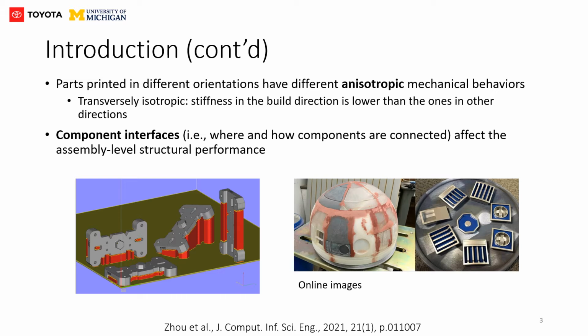In assembly design, component interface modeling is critical since joints can be a prime candidate for structural failure. In our multi-component topology optimization framework, the overall structural design and component partitioning are optimized simultaneously. An effective component interface model can help design the joint geometry and location for the optimal assembly level structural performance.